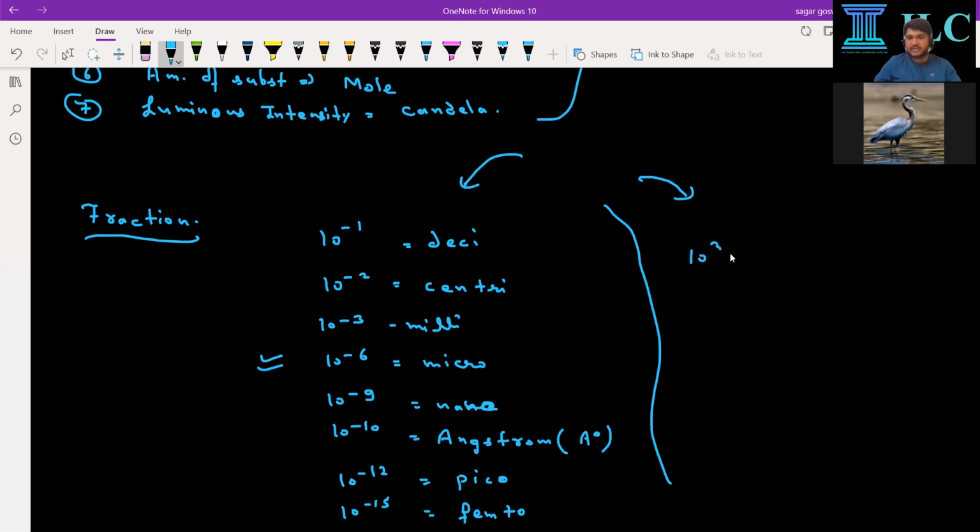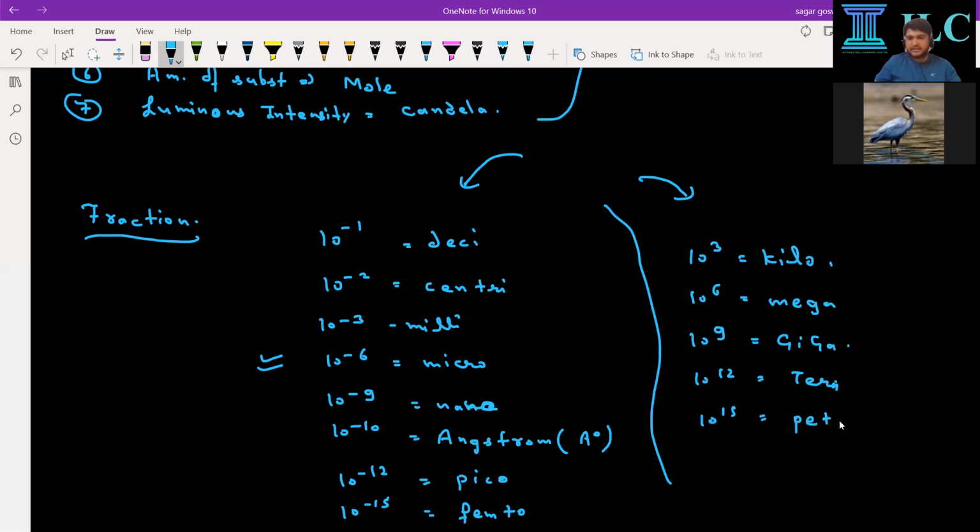10 raised to power 6 is mega, 9 is giga, 12 is tera, and 15 is peta.